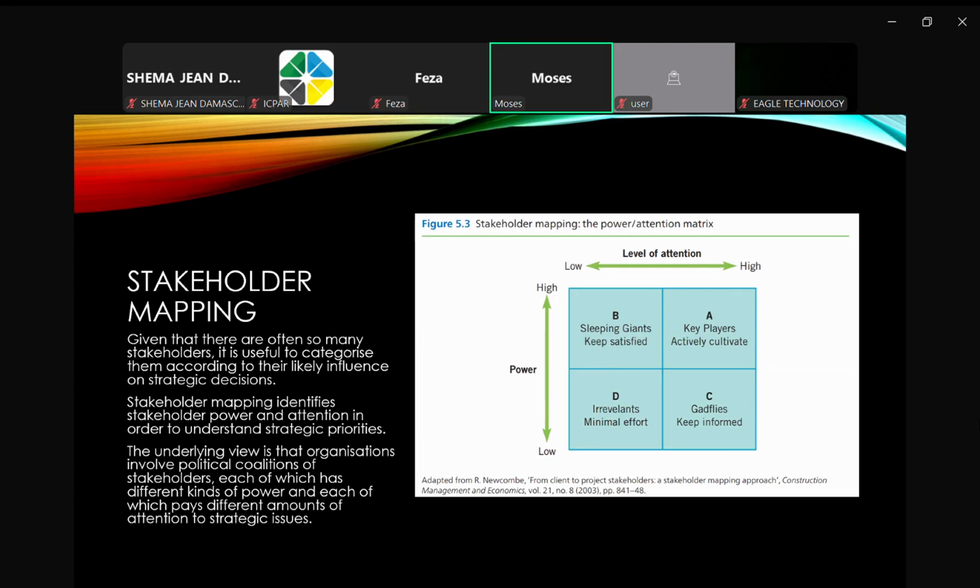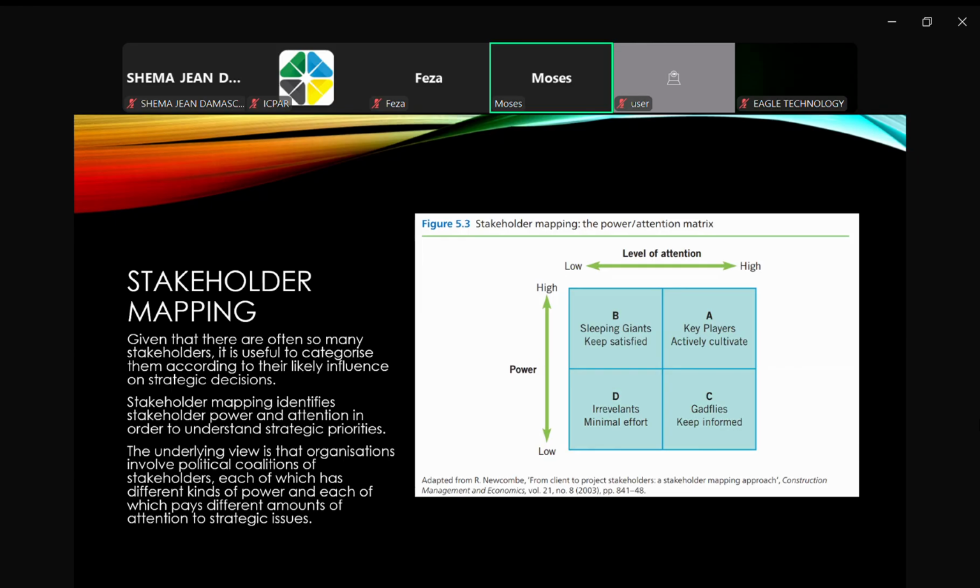Attention can also be called interest. So the stakeholder mapping, therefore, is a concept which is used to understand your key stakeholders versus not so important stakeholders, and what to do for each of those stakeholders.